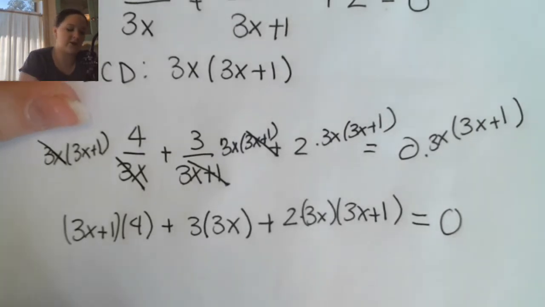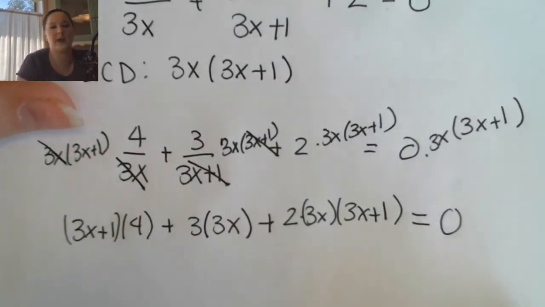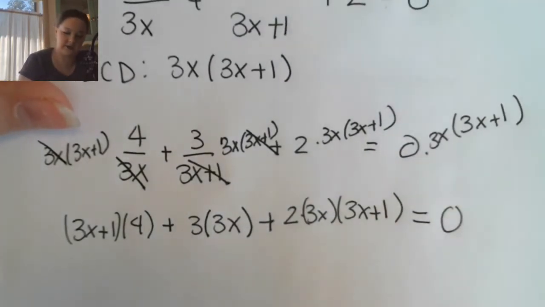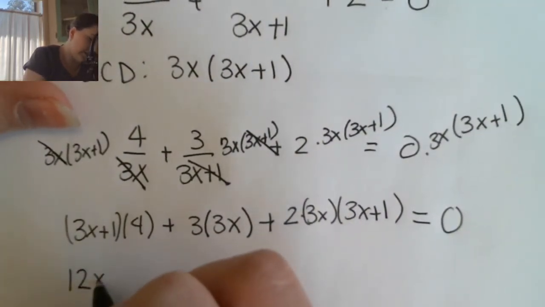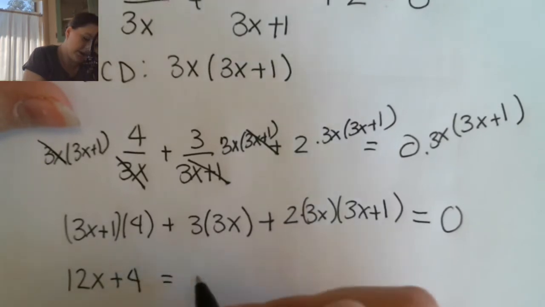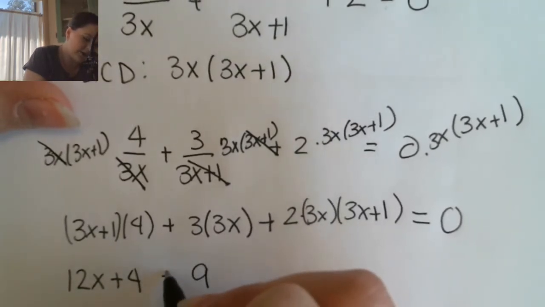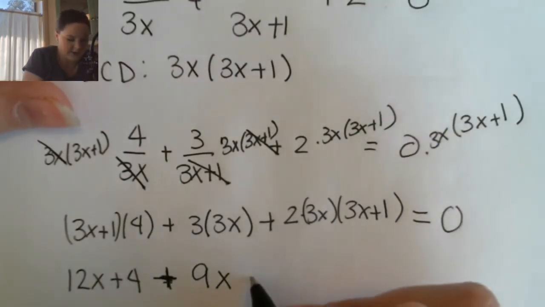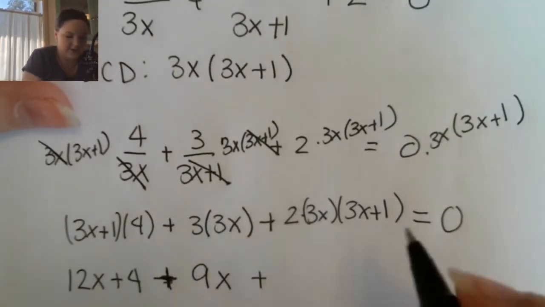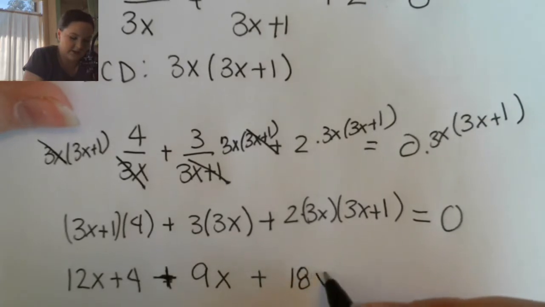Okay. So now I'm going to multiply this all out so that I can combine like terms. So I'll have 12x plus 4. Here I'll have plus 9x. Oops, that's a plus. Here I'll have 6x times 3x, which is 18x squared.